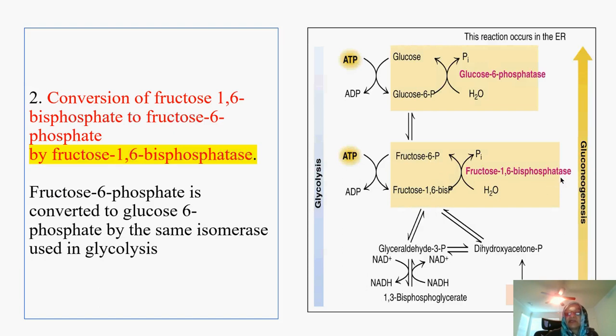When you see the term phosphatase, that means we are removing a phosphate. If it's a kinase, then we are adding a phosphate. So here we have two phosphatases that remove a phosphate molecule.